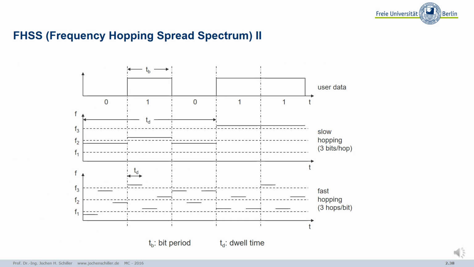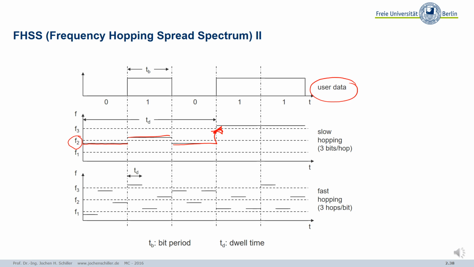What you do there? If you transmit your user data here, you can perform a so-called slow hopping. So you stay on a certain frequency, carrier frequency F2. You transmit our 0, 1, 0 on this frequency, and then you jump on another carrier frequency.